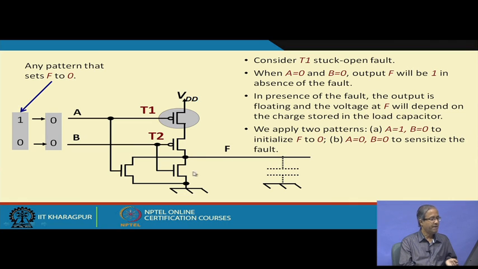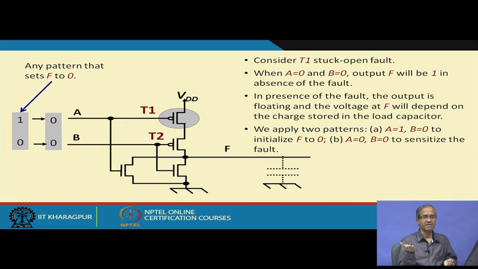Okay. But suppose I have the faulty case where this transistor is stuck open, then if I apply 0 0, I suddenly have a situation where my pull up network is not conducting because one of them is off. So, F is not connecting to VDD, neither is F connected to ground. So, the output node is electrically disconnected, it is like a floating wire.